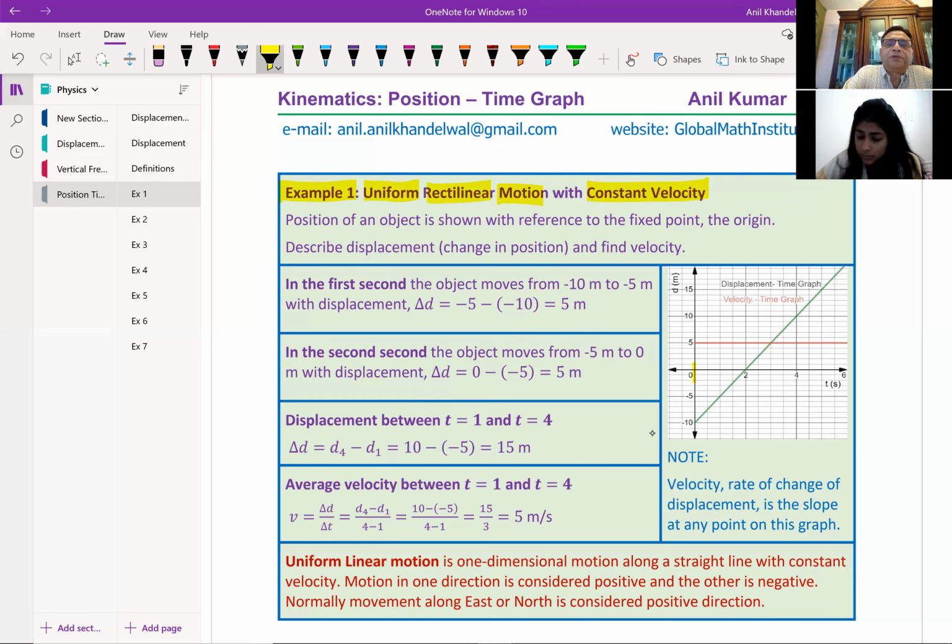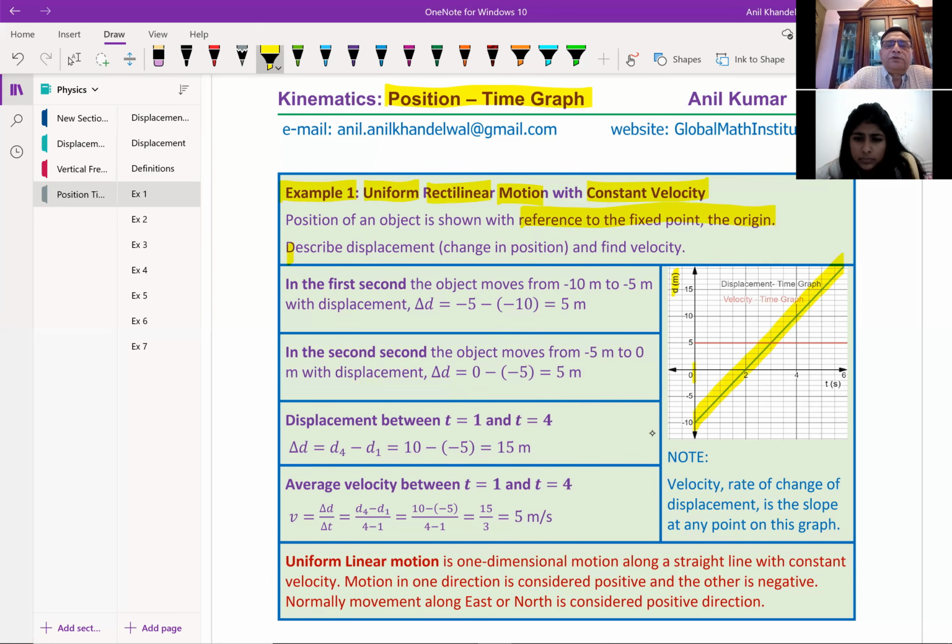So now, position of an object is shown with reference to the fixed point, and that is going to be the origin. Now, what you have to do from the given graph, which is the green line shown to you, so we're basically trying to describe this particular graph, which is the position time graph, right? So we are always describing a position time graph.